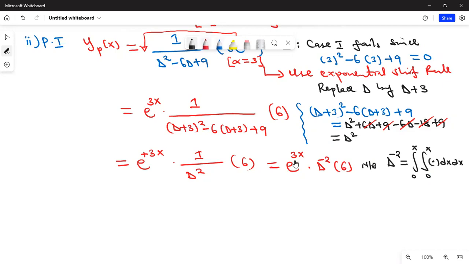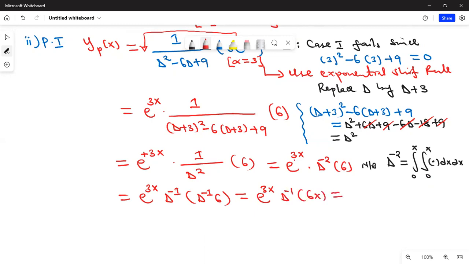So this is what you're going to get. It is the same as exponential 3x d raised to negative 1 of another d raised to negative 1 of 6. And so this should give you exponential 3x d raised to negative 1 of 6x. When I integrate 6, I get 6x.